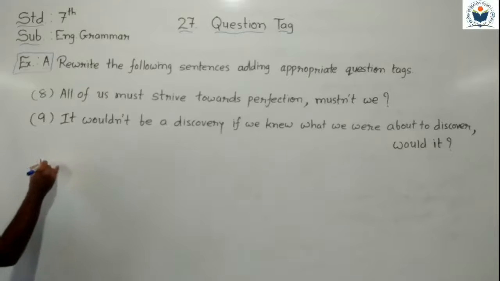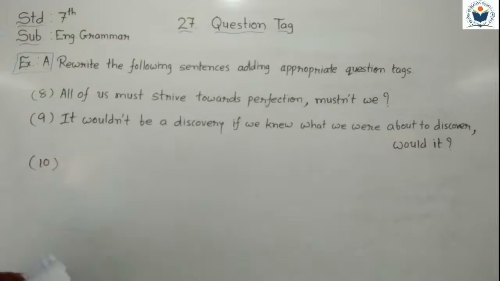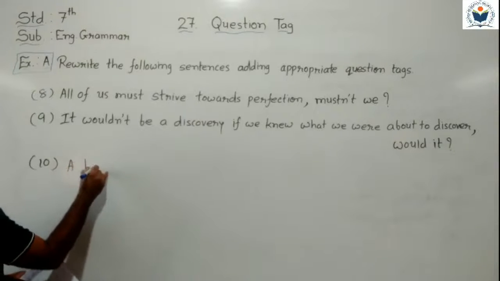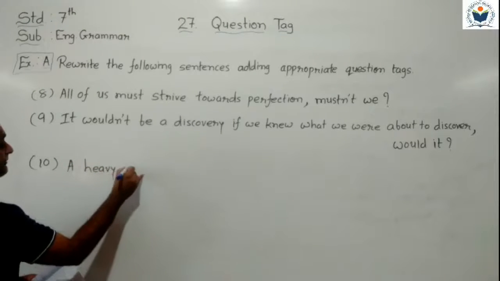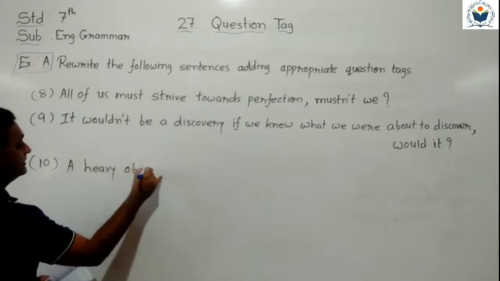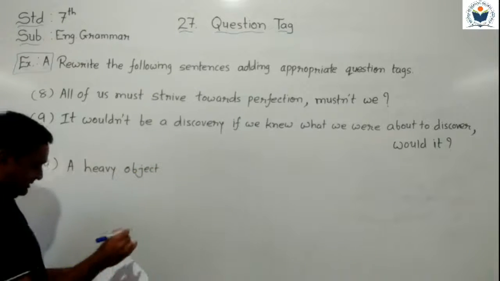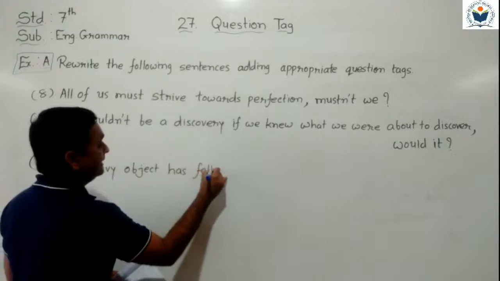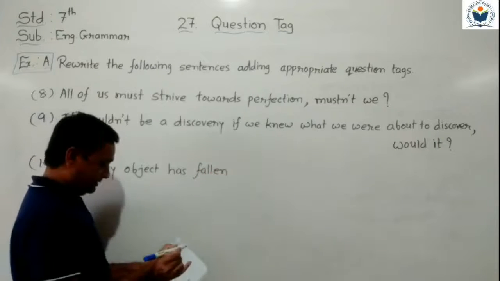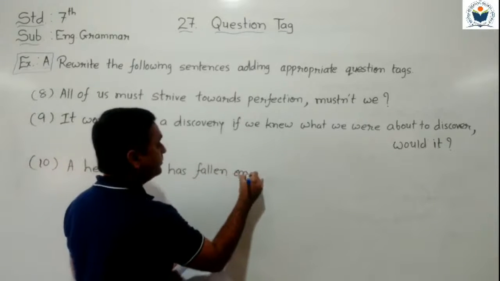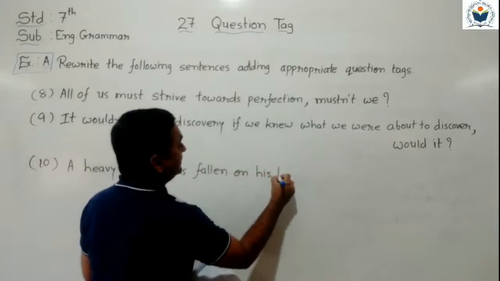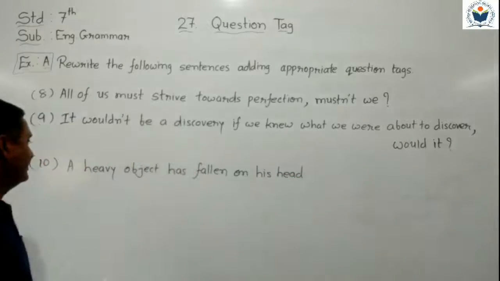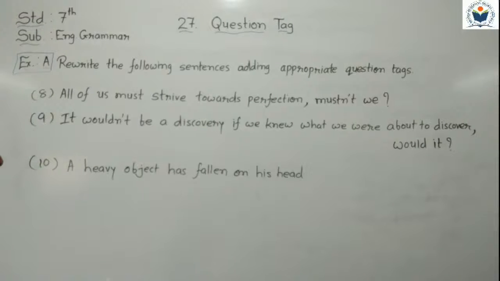Understand then? Now the 10th sentence. A heavy object has fallen on his head. Here one sentence is given: A heavy object has fallen on his head.